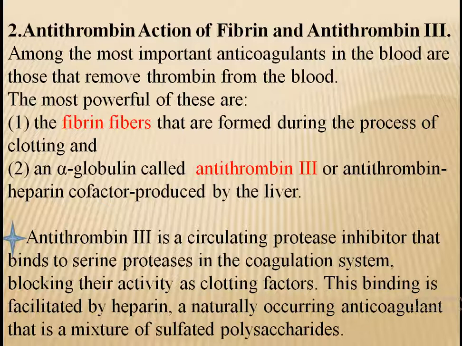Secondly, the antithrombin action of fibrin and antithrombin 3. Among the most important anticoagulants in the blood are those that remove thrombin from the blood. The most powerful of these are, number 1, the fibrin fibers that are formed during the process of clotting, and secondly, antithrombin 3.